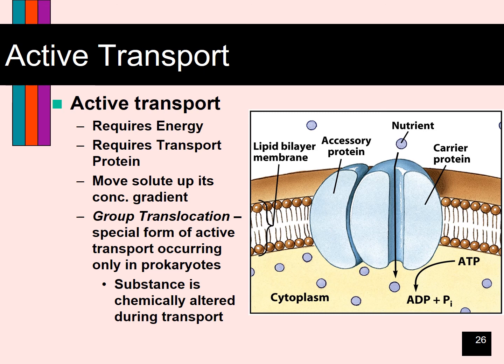But here, where we're creating an energetic situation by making this concentration gradient, which has potential energy, we're going to need to use energy. And the cell's form of energy would be ATP.